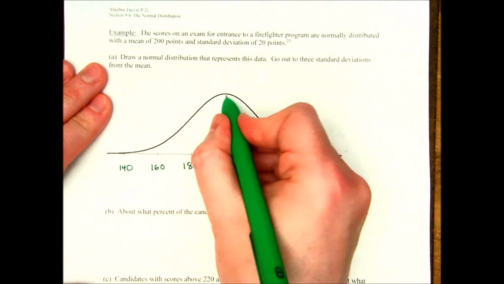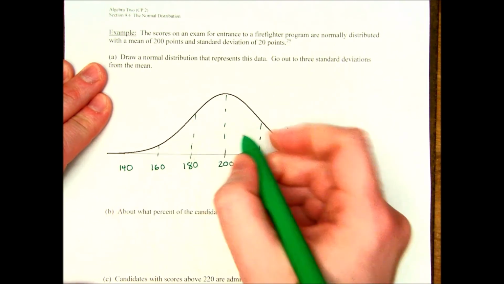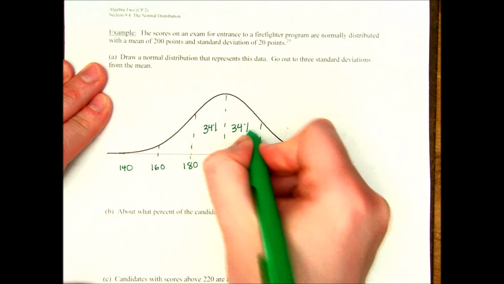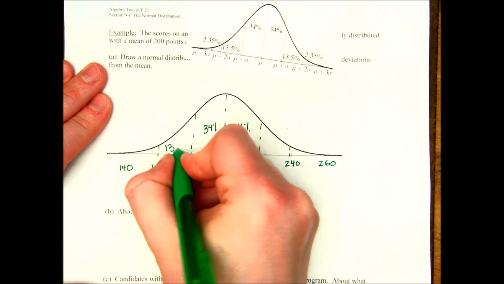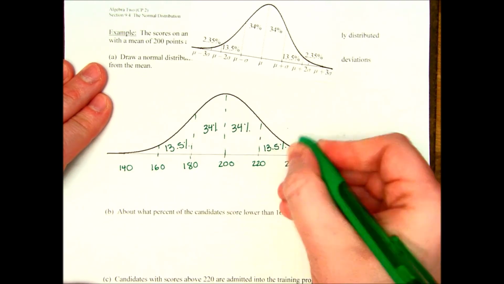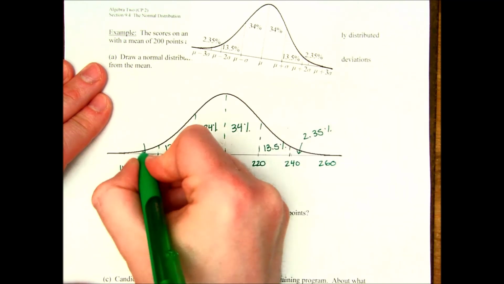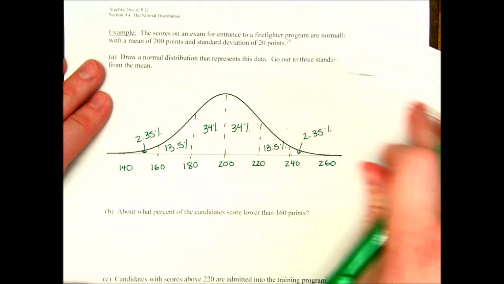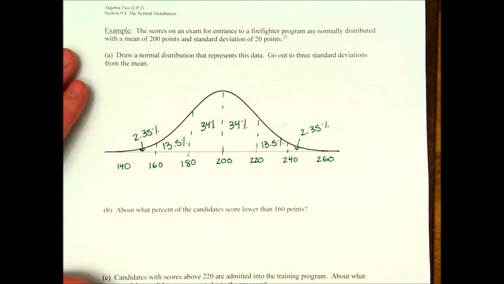I'll put in some percents. 34%, 34%, and I'm going to get the other numbers from that. I've got 13.5%, 13.5%, 2.35%, and 2.35%.